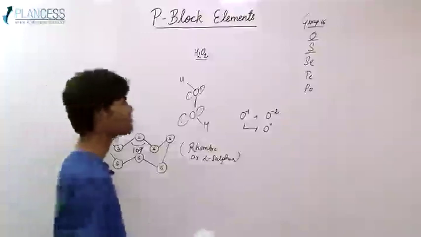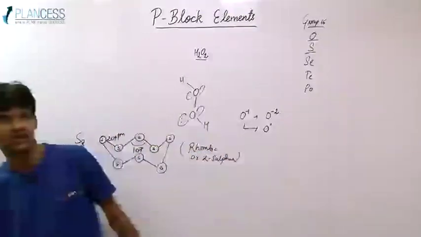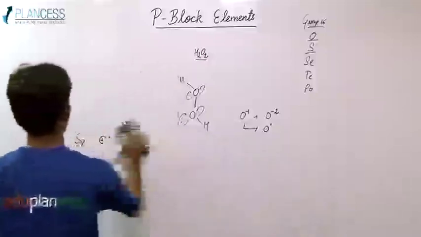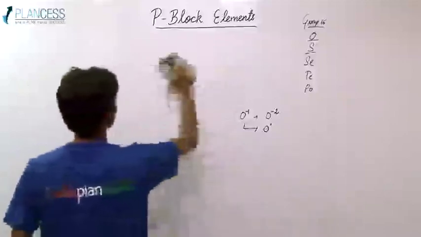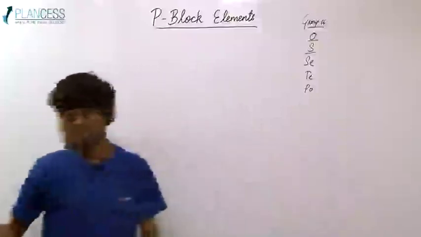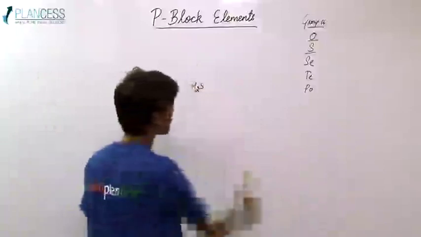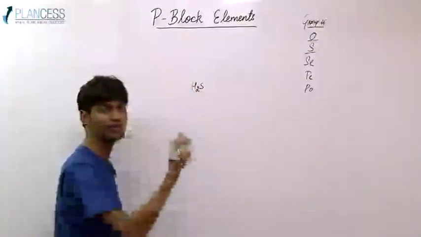Next, talking about the compounds of sulfur. First would be H2S or hydrogen sulfide. As I have talked about before, hydrogen sulfide is more acidic than H2O. The reason is that, whenever you have to comment on the acidity of any acid, just consider what happens if it loses one H plus.